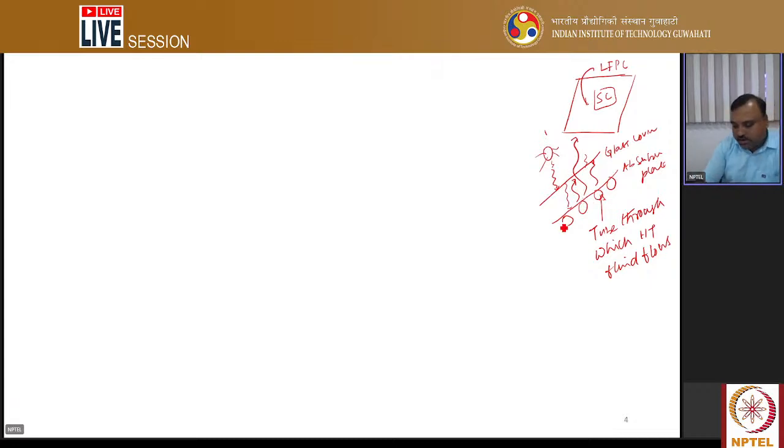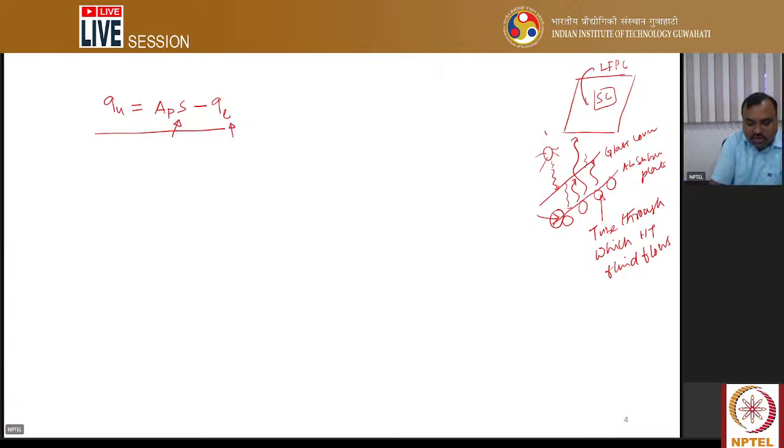So if I try to write the energy balance equation on this absorber plate, then what we can write: QU, the useful heat gain, is equal to AP into S minus QL, okay? So this has been demonstrated, how this S can be calculated, how this QL can be calculated.